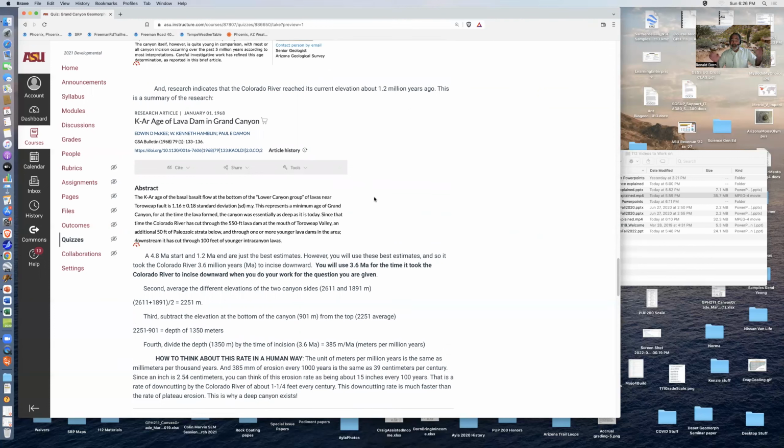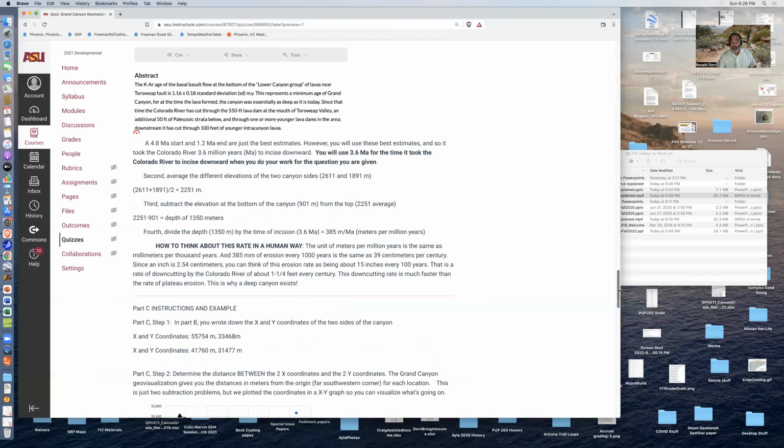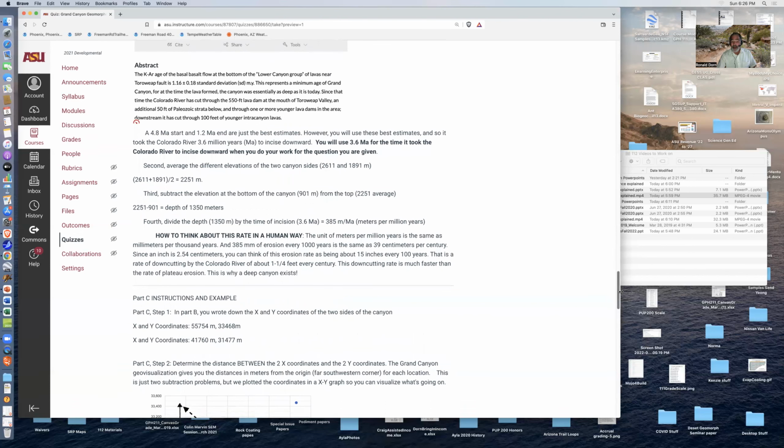So amazingly, the Grand Canyon started eroding 4.8, and pretty much stopped at its current elevation way down low at 1.2. So it took 3.6 million years to cut the Grand Canyon. So you'll use 3.6 million years for the time it took for the Colorado River to incise downward.